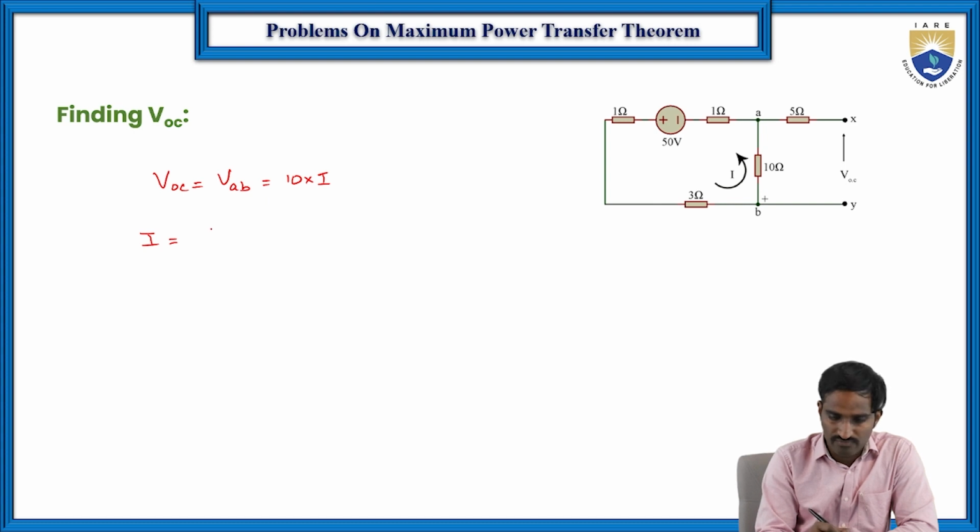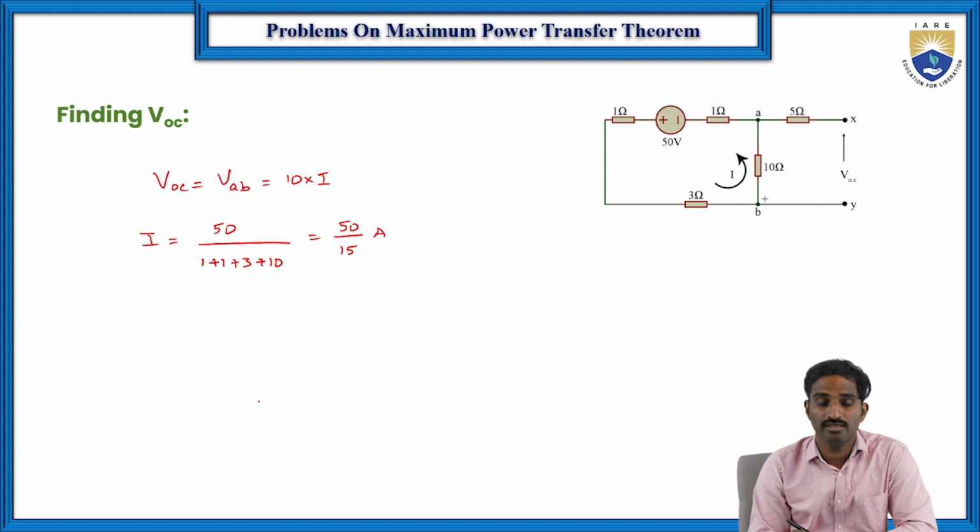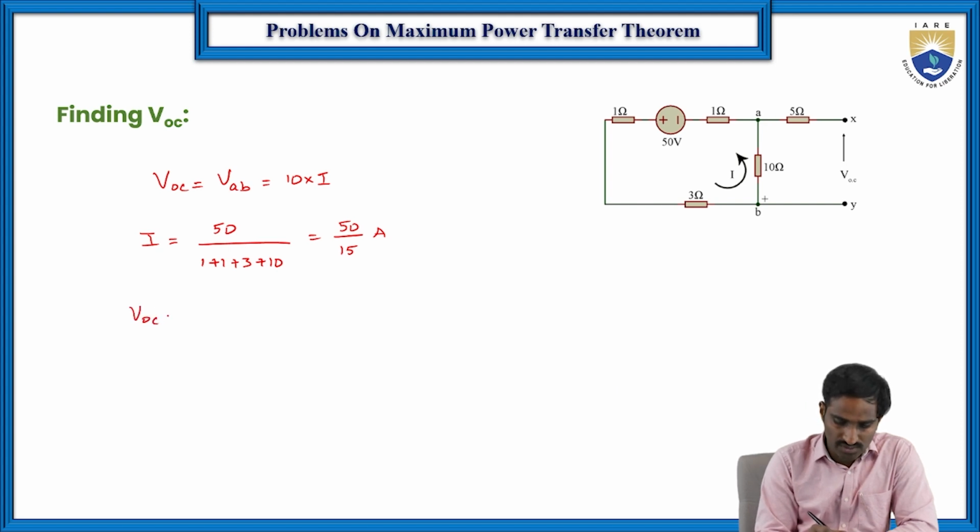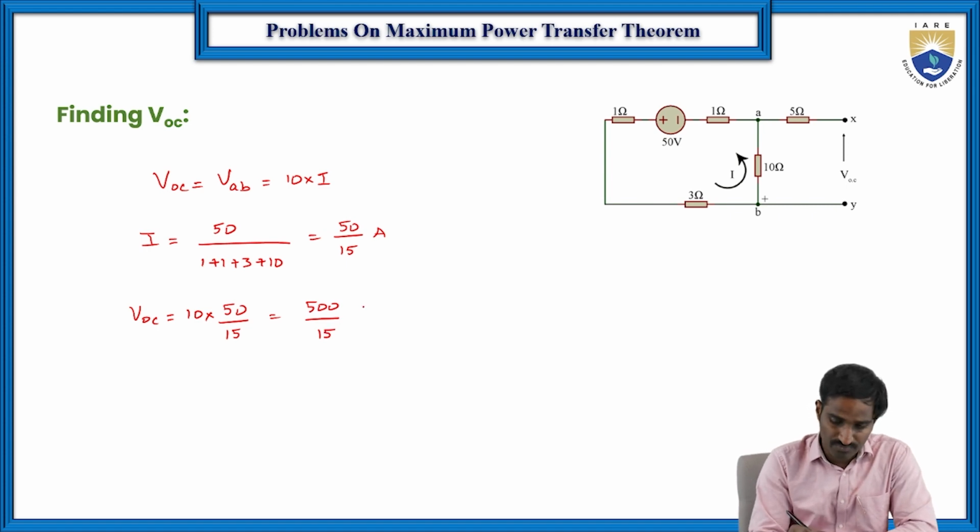So I is equal to V by R, which is 50 by 1 plus 1 plus 3 plus 10, so 50 by 15 amperes. Then VOC is equal to 10 into 50 by 15, so it is 500 by 15.